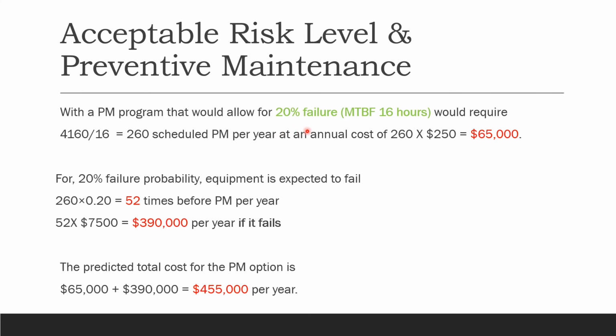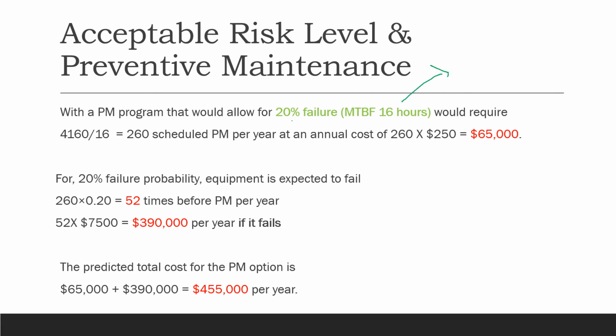And you have only 20% failure. 20% failure is only running your operation 16 hours and then you check. We don't run all the way to 66. We're going to run 16 hours with 20% failure, 80% reliability. And how do you get this one?